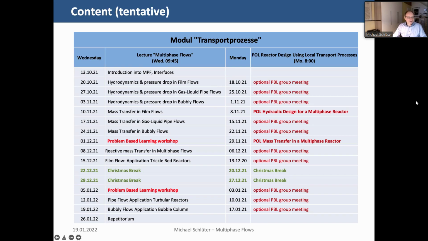So probably some of you have already used the bubble columns for the chlorination reaction in your PBL, and therefore you might have in some points more knowledge about that than myself. So please don't hesitate to interrupt and to give some comments or questions if this is related directly to your PBL. That's something I very much like in this lecture.